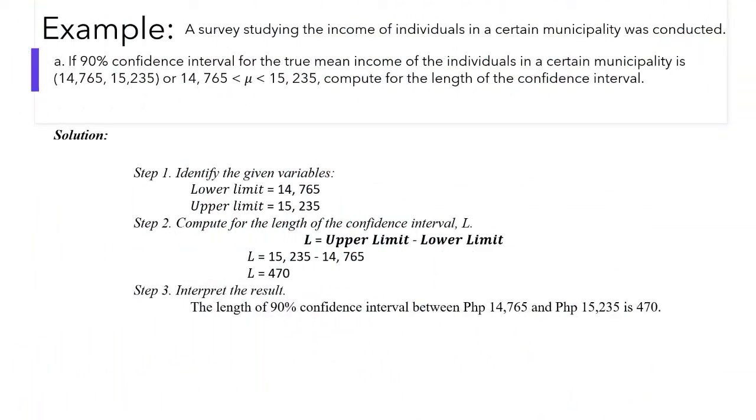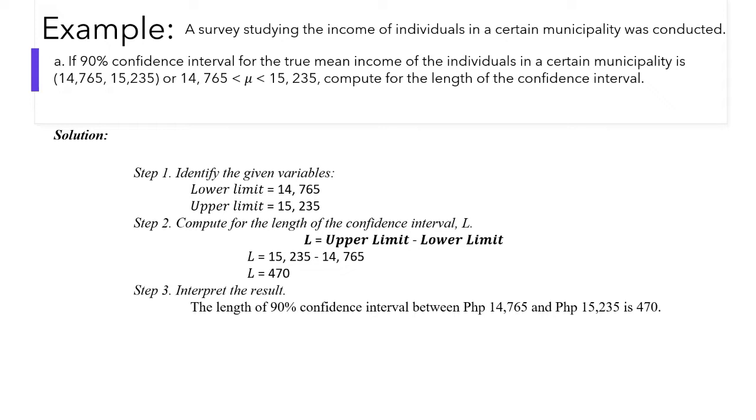Let's have an example. A survey studying the income of individuals in a certain municipality was conducted. If the 90% confidence interval for the true mean income of individuals in a certain municipality is 14,765 and 15,235, or 14,765 is less than the mean is less than 15,235, compute for the length of the confidence interval.